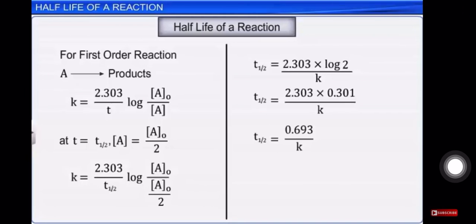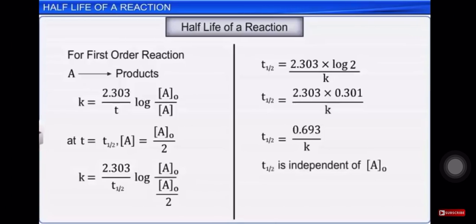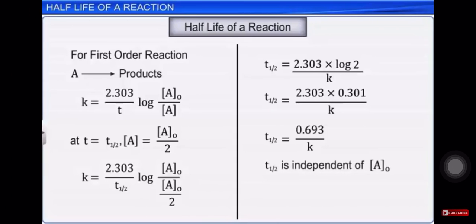So this is for half life period. By that we can say that T half is independent of initial concentration for first order reaction.